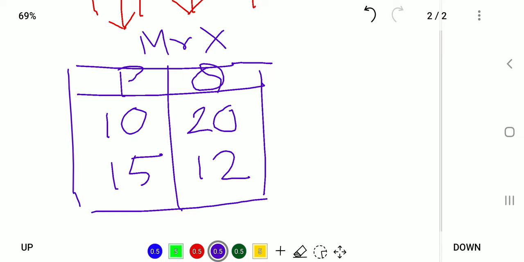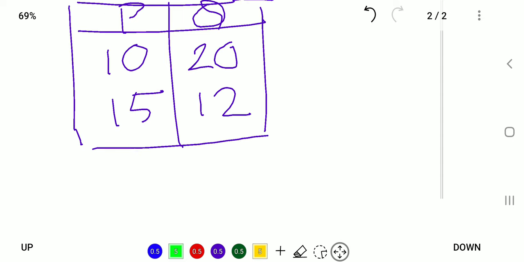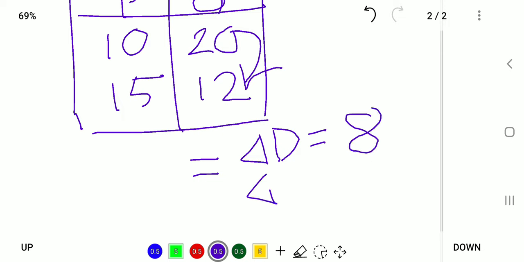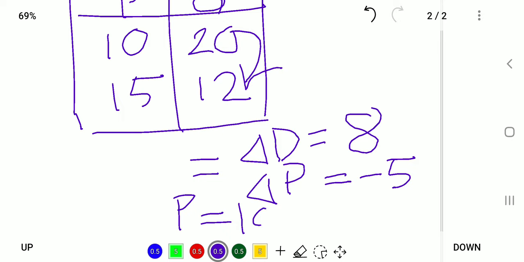So what is the responsiveness of demand? Here delta D is equal to 8, delta P equals -5, old P equals 10, and old D, that is Q, equals 20.